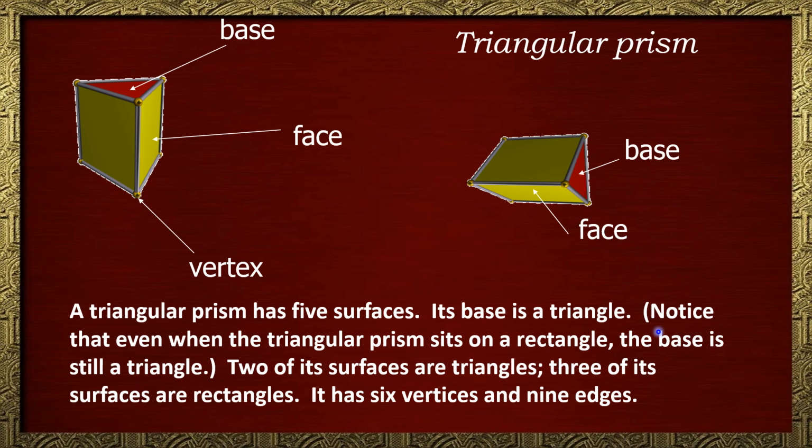Its base is a triangle. Notice that even when the triangular prism sits on a rectangle, the base is still a triangle only. Two of its surfaces are triangles, three of its surfaces are rectangles. It has six vertices and nine edges. One, two, three, four, five, backside six, seven, eight, nine edges. So this is all about the prism.